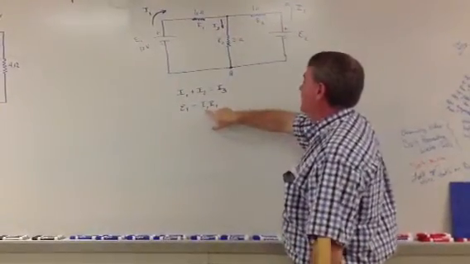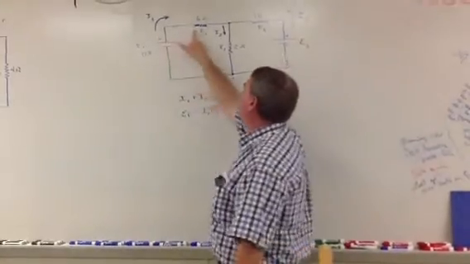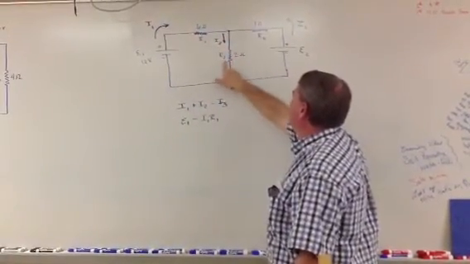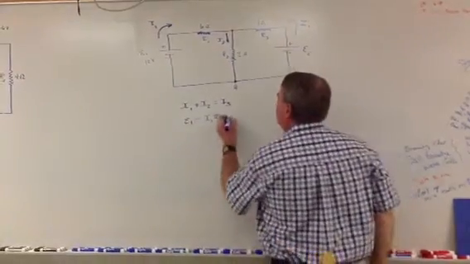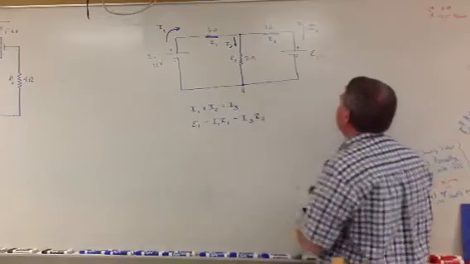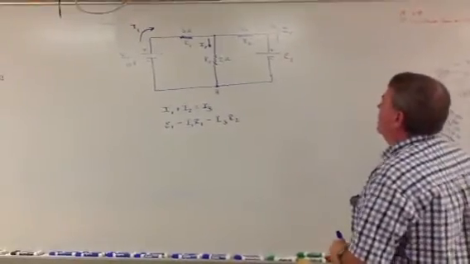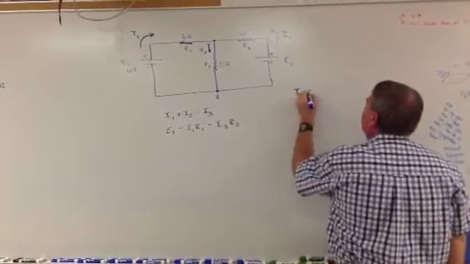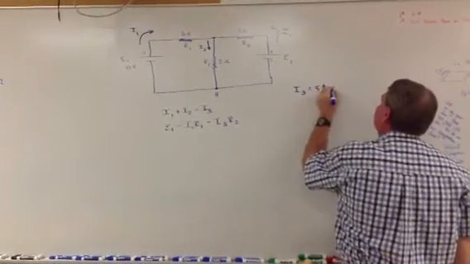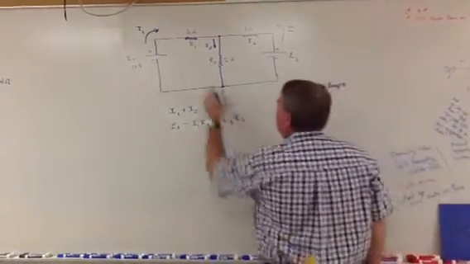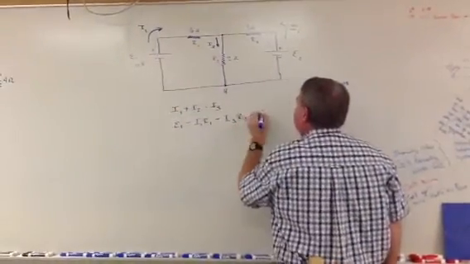So you have to label that current, it's I1. You come to this point, and then you go down. So this is going to be minus I3R2. And I3 is also given. I3 is equal to 3 amps. That was a given that I erased from earlier and didn't write back up. And going around, that's equal to 0.